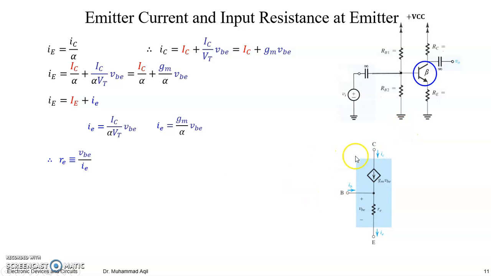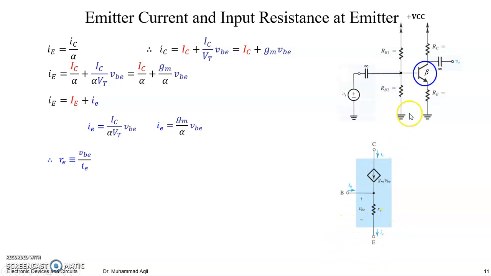So it means by looking into the emitter, if you want to model this transistor for a small signal, you can make the model like this. Please don't panic. We will compare both the models and then we will see there is no difference between these two models, right? The only thing is how you consider it for your application, right?